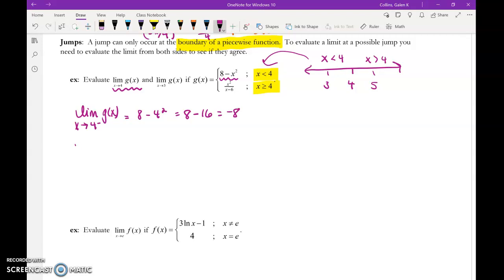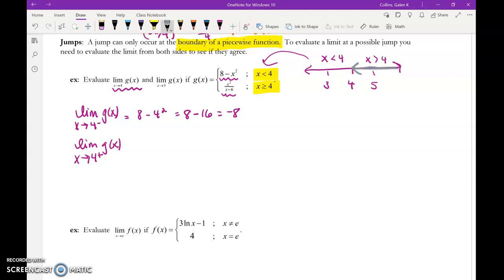Now we also need to consider the limit from the right. So the limit of g as x approaches 4 on the right-hand side. Well, now we're going to use the bottom piece of this function, x squared over x minus 6, because if we're coming towards 4 from the right, we're approaching 4 with values of x that are greater than 4.